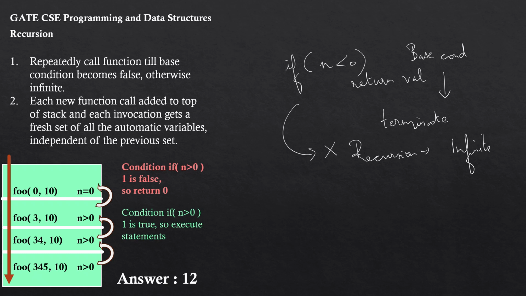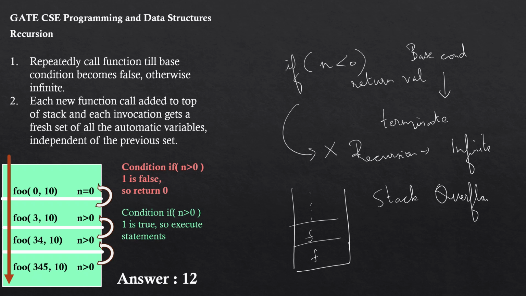Now if we were calling the function infinite times, there would be infinite copies. When this happens, it is what we call stack overflow. That is, there is a memory overflow, and no longer any space for more function calls to be added. So always remember to add a base condition so that we don't end up in an infinite loop and get the stack overflow error.